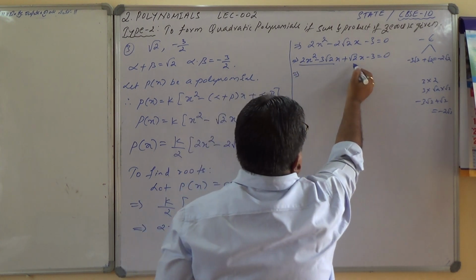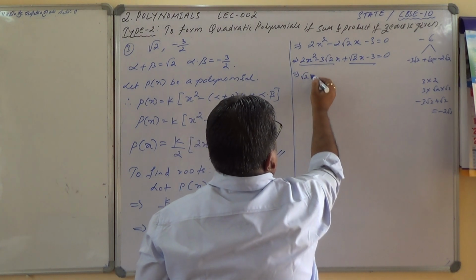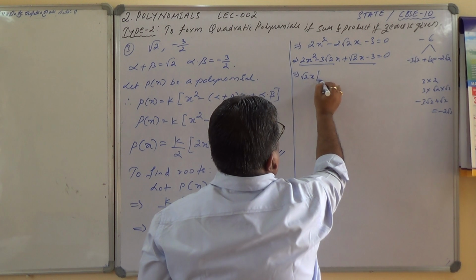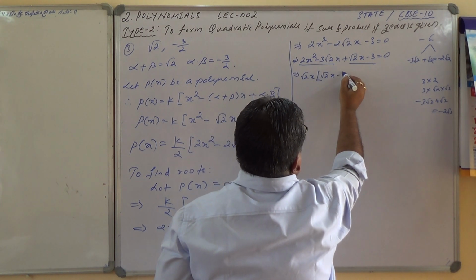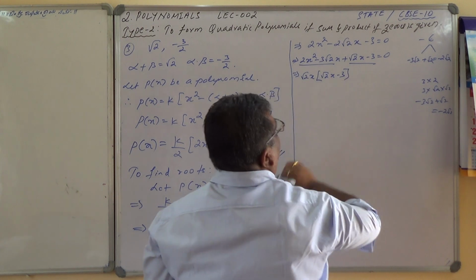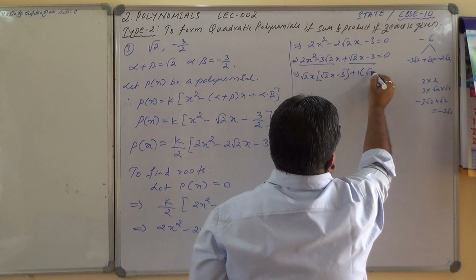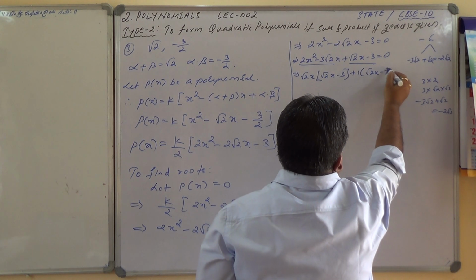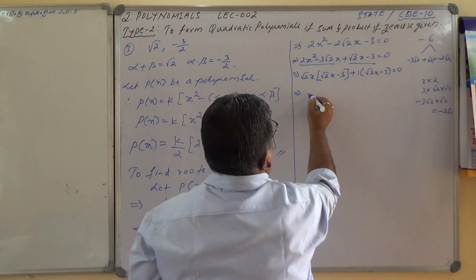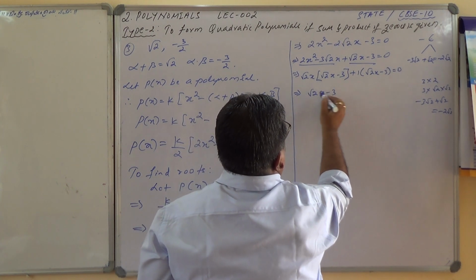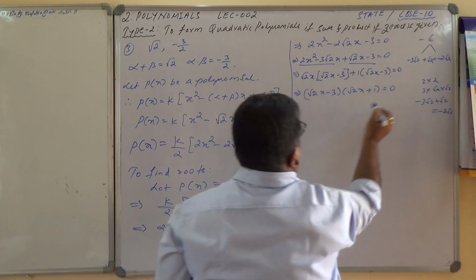Take common out of this and out of this. What is common here? Root 2 and x into bracket root 2x minus 3. Isn't it? Here plus 1 you take common, root 2x minus 3, which equals 0. Implies root 2x minus 3 into bracket root 2x plus 1 equals 0.